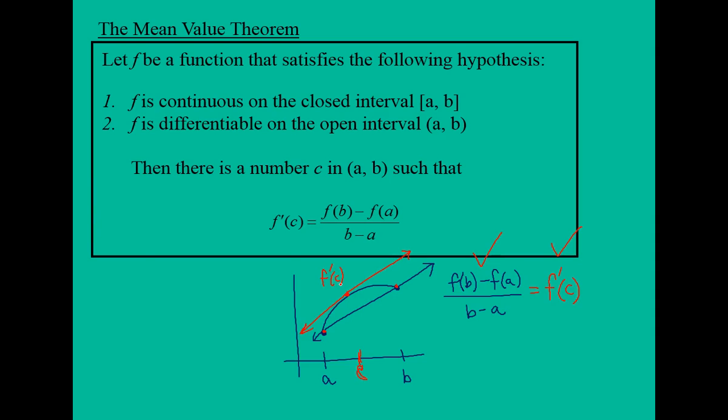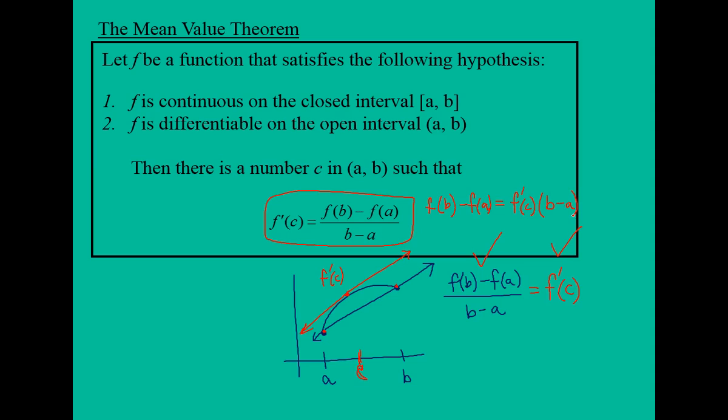And if you analyze this a little bit closer, do you recognize that if I multiplied both sides by b minus a, we would have f of b minus f of a equals f prime of c times b minus a.